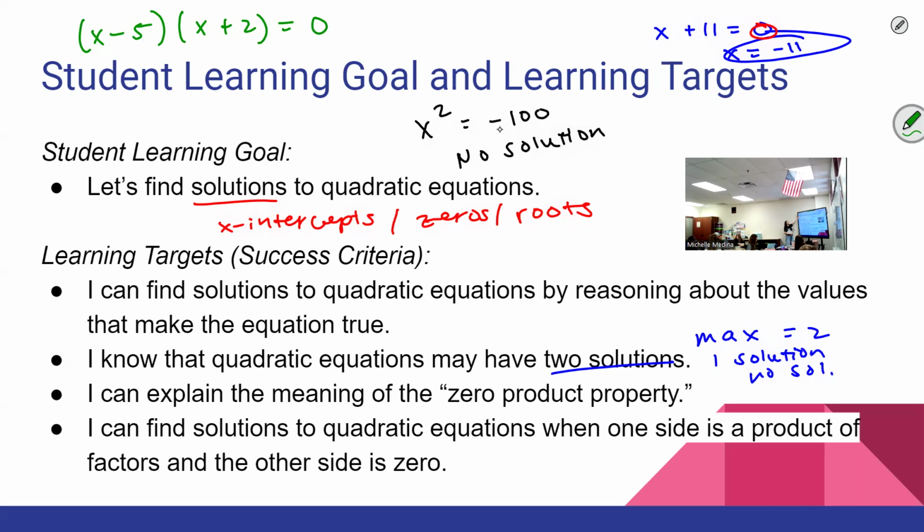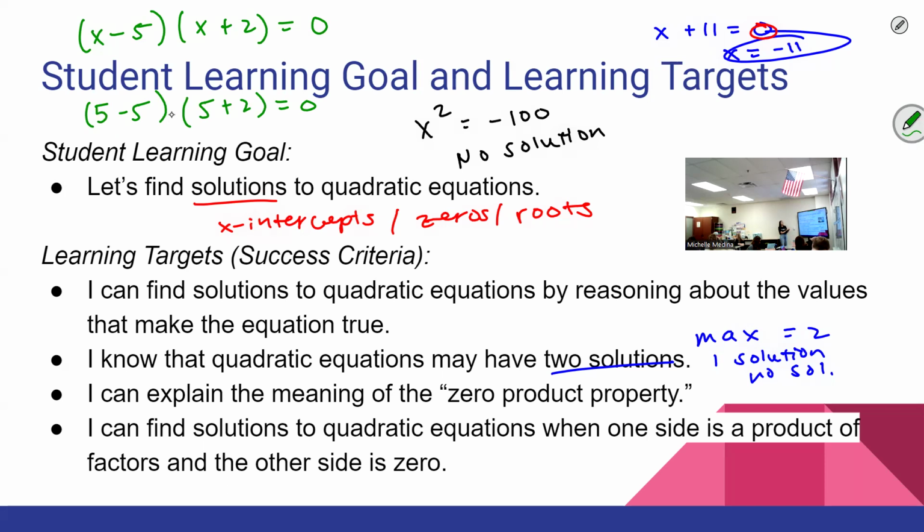This is an example of two things multiplied together to give me 0. If x is a positive 5, let's try plugging that in. I get 5 minus 5 and 5 plus 2 equals 0, because this parentheses becomes a 0.